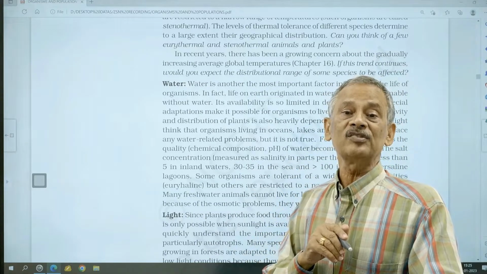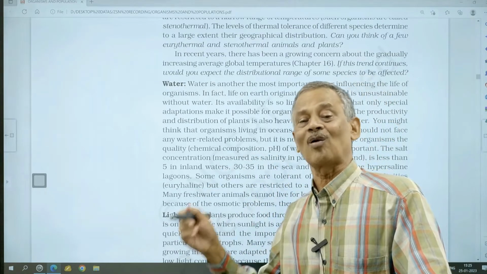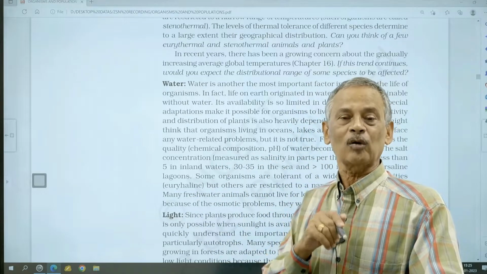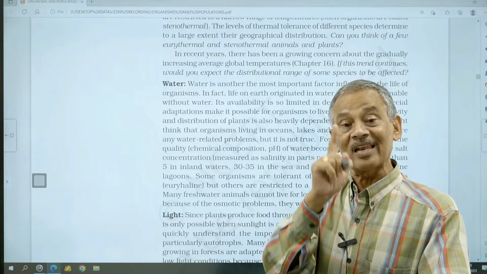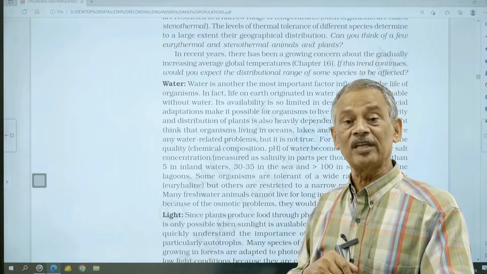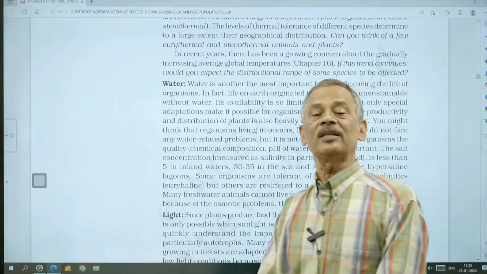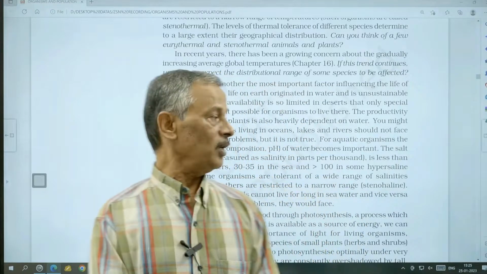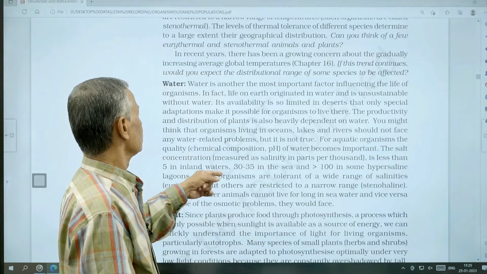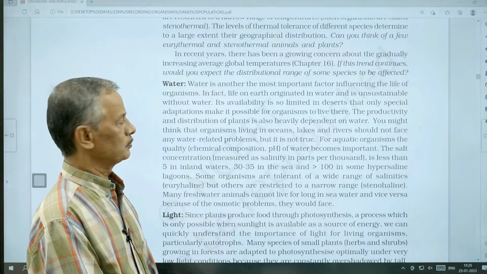The problem is for terrestrial organisms as well as for aquatic organisms. In aquatic organisms, what is the salinity of the water? What is salinity? The amount of salt present in that water. Normally, in fresh water, it will be less than 5 ppm.